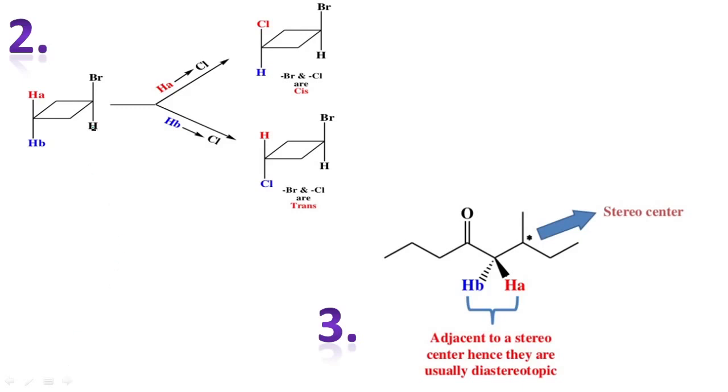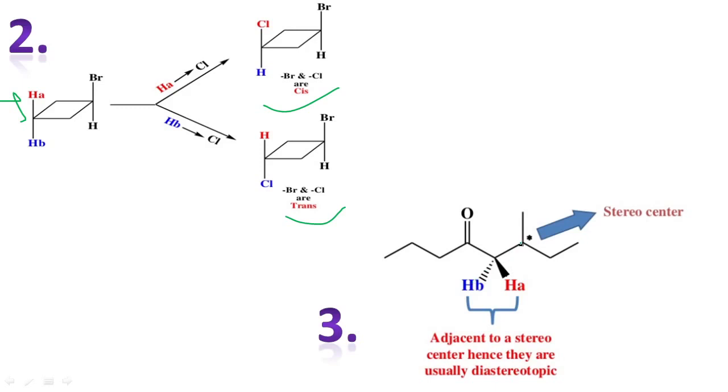So this is the second example. When you replace any of the hydrogens by chlorine, you will get a cis or a trans again, the same. These are diastereoisomers. Now as you can see in example number 3, there is a stereo center.